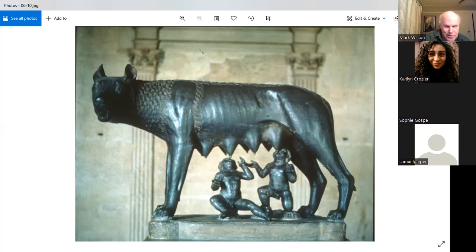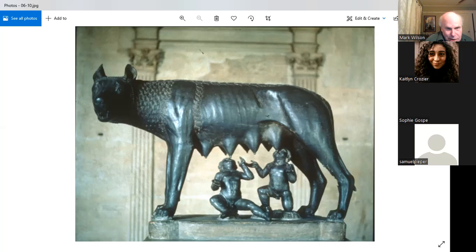Here's the last fact: this she-wolf was found without any figures below her suckling, and that begs the question, what would it have been? Almost certainly some kind of living creature was originally part of this sculpture underneath her teats.